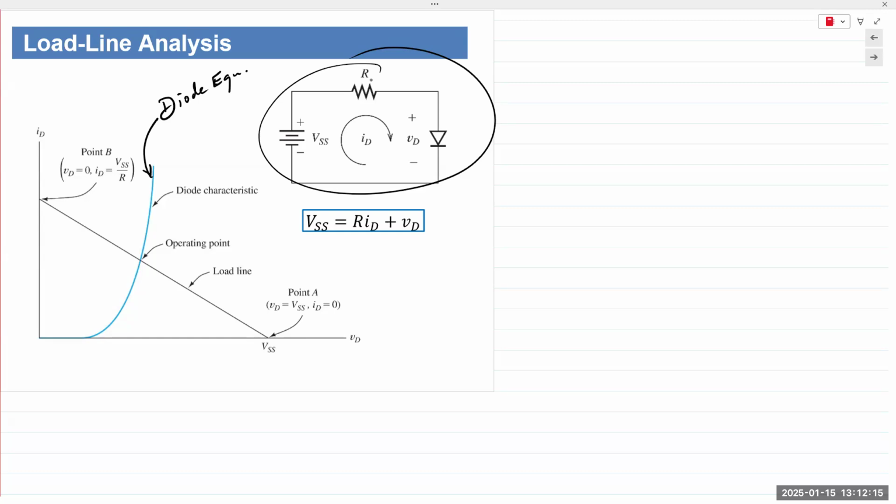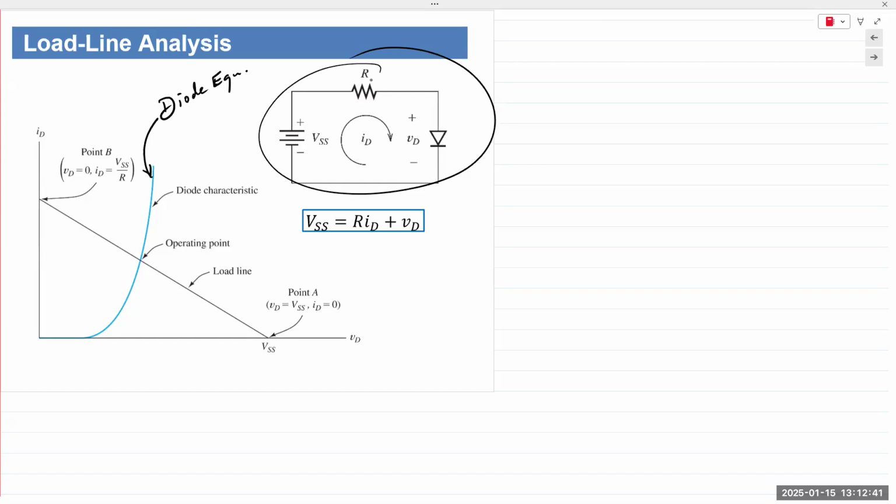Now, what is the point of circuit analysis? Going back to the first day of 201, circuit analysis is the process, the techniques to determine the unknown voltages and currents in a circuit. So for a diode analysis, we are trying to determine the diode voltage and diode current.